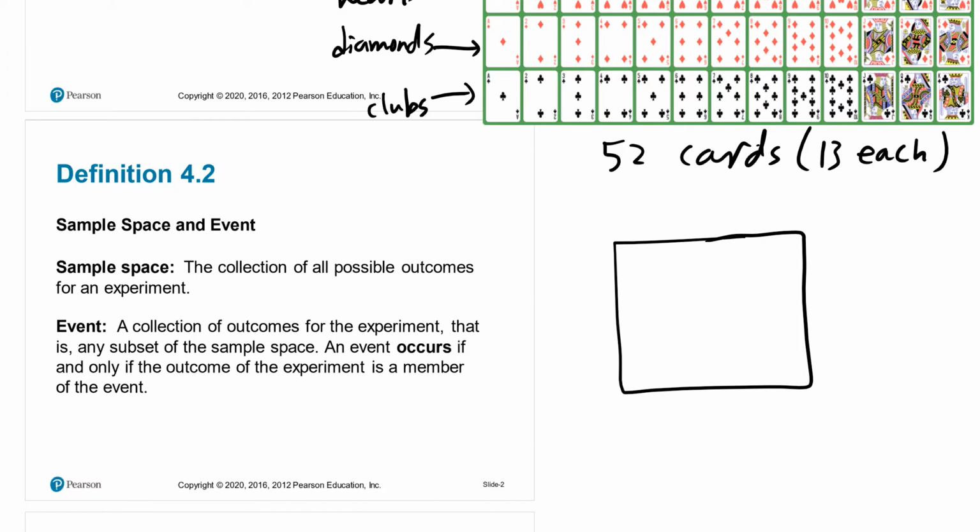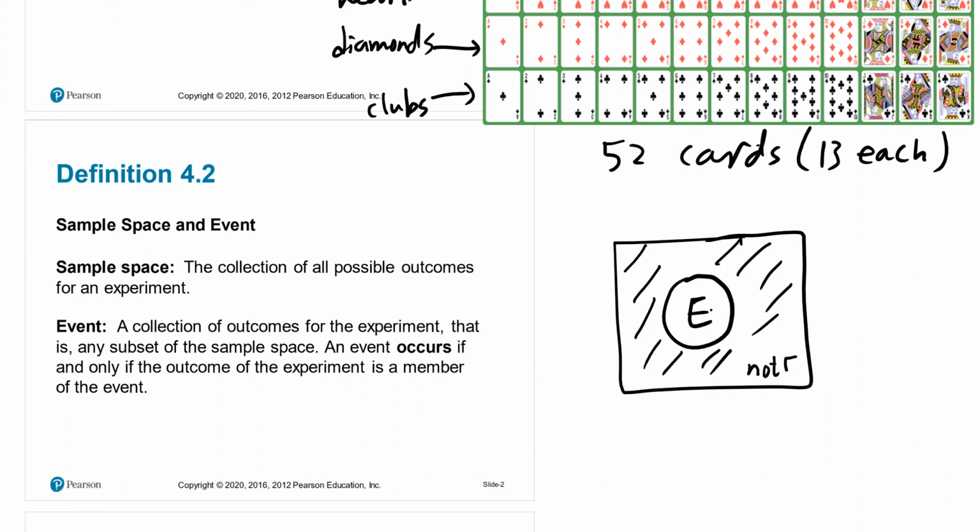This one contains all the stuff, and within this we have event E. What is within the sample space but not in E is called not E, or in other words, the complement of E.